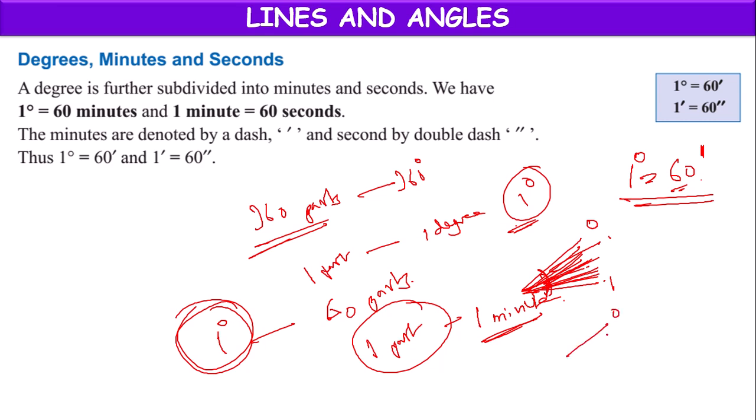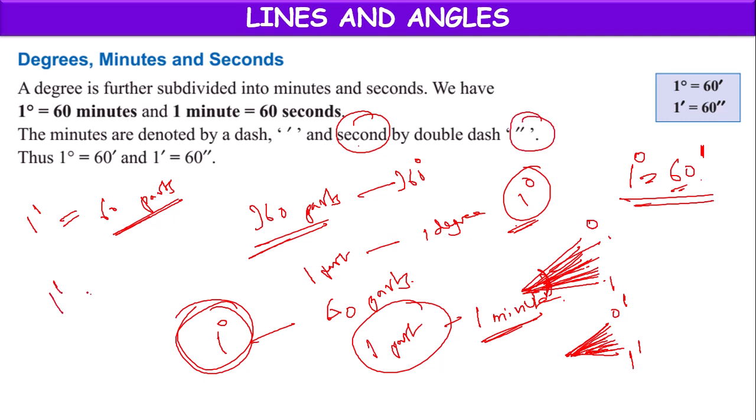Suppose this is 1 minute part. This 1 minute part is again divided into 60 equal parts, such that each part will be equal to 1 second, denoted by a double dash.